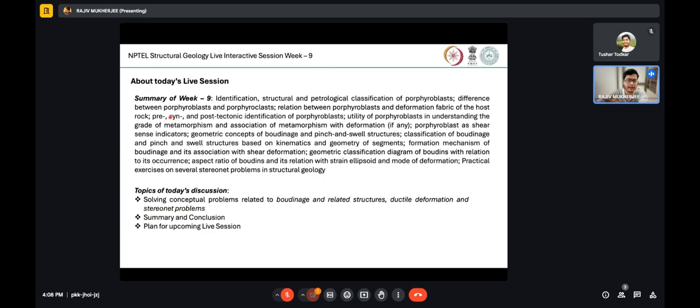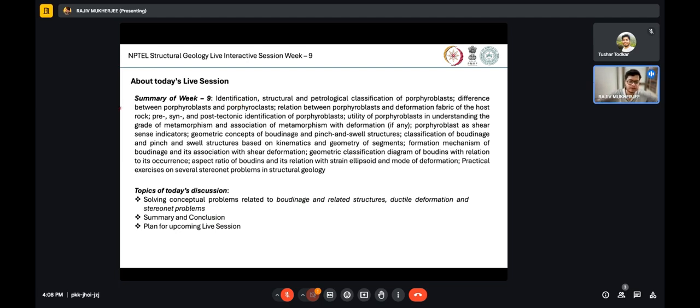So for the summary of week 9, the topics were twofold. In the first part of week 9, we learned about porphyroblasts and porphyroclasts and their application in structural geology, how we interpret and utilize them. And the second part was mostly focused on the brittle-ductile features such as Boudinage and pinch and swell structures and their details.